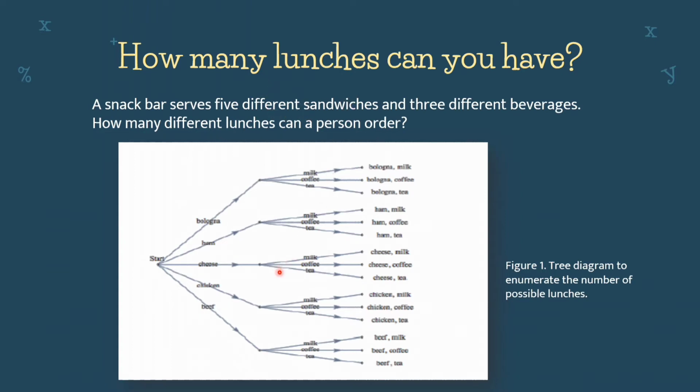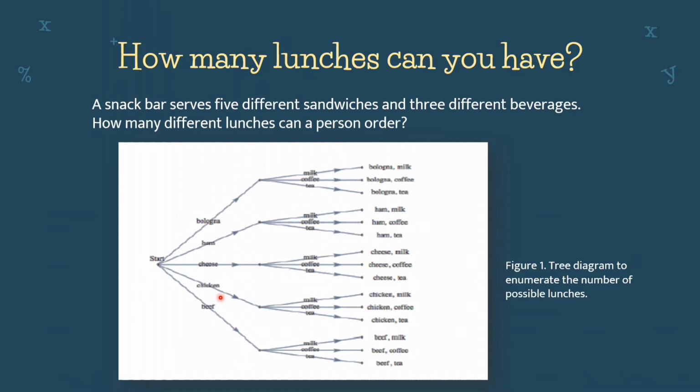In the image, we have a tree diagram. Tawag dito ay tree diagram. First, we will begin with the position labeled start. Magsisimula tayo sa start, to be followed by the 5 sandwiches: bologna, ham, cheese, chicken, and beef.